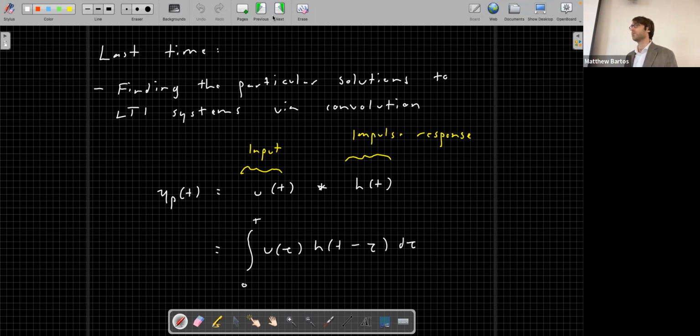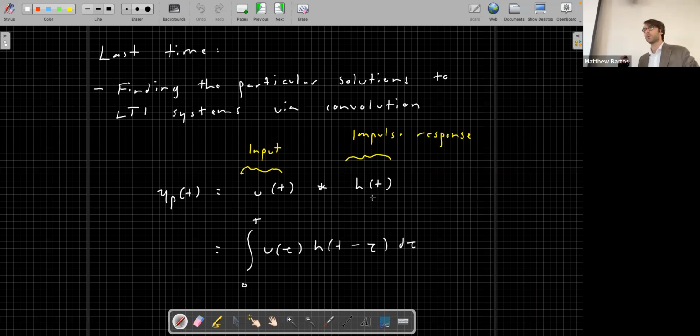So we showed that if you take an input to a system and you convolve it with the system's impulse response function, then you can produce the particular solution corresponding to any arbitrary input to the system. So again, we have some system, we have some input u(t) that's a function of time.